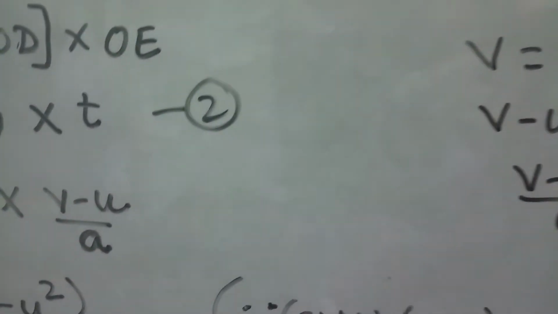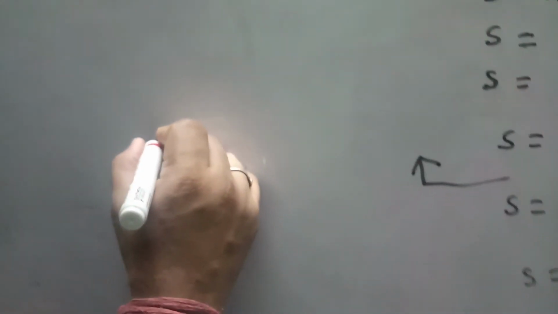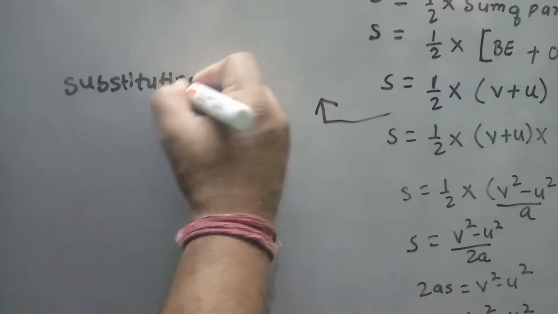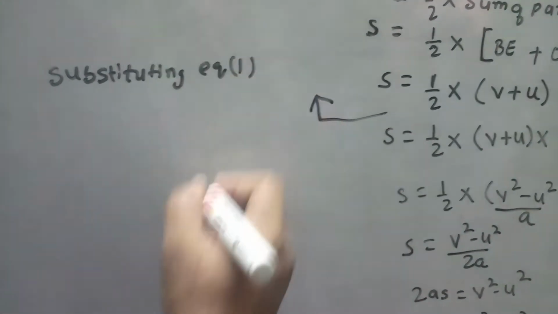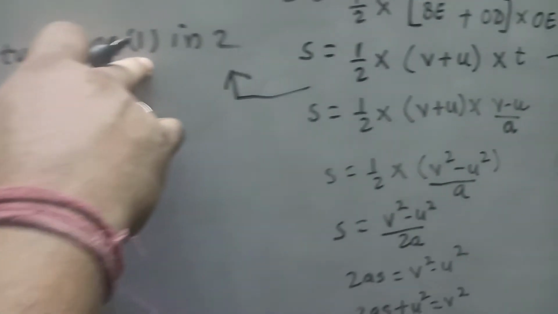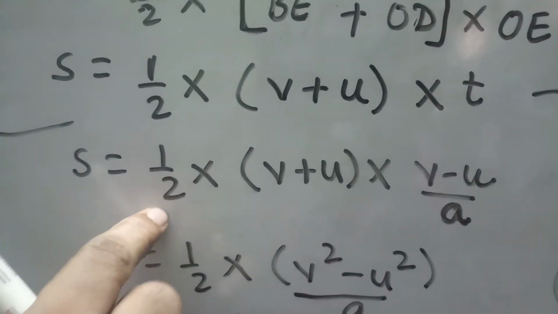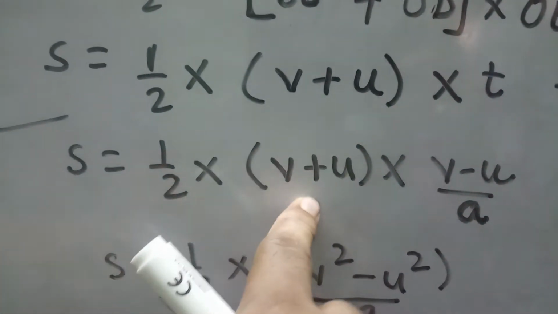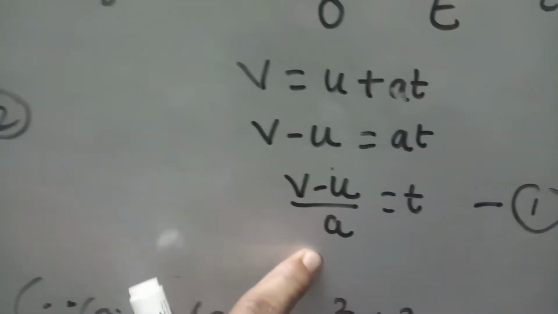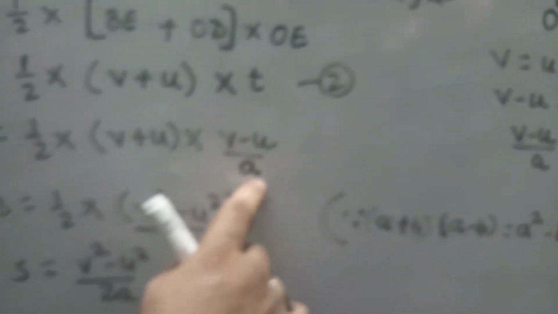Substituting equation 1 in 2, that means equation 1 would be replaced in equation 2. Here s equals half into v plus u, and here t. See, what is the t? T is v minus u upon a. So I have written v minus u upon a.